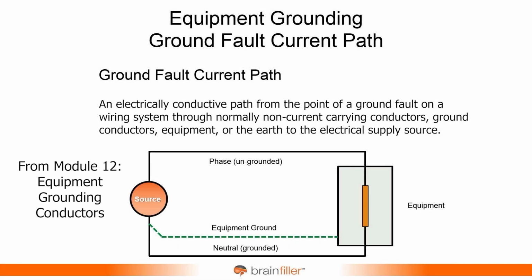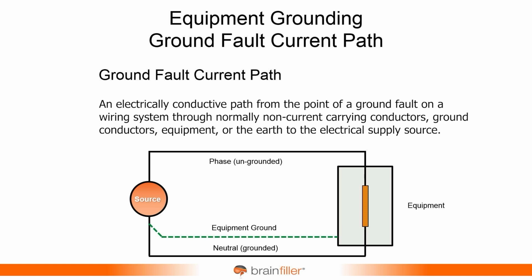What I want to introduce in just the design portion of this class is the basics of equipment grounding and the equipment grounding conductor. The concept of equipment grounding is pretty simple. On the right, let's say that this is equipment and this represents the enclosure right here. And coming in up here, this is the phase conductor, as the code calls it, the ungrounded conductor.